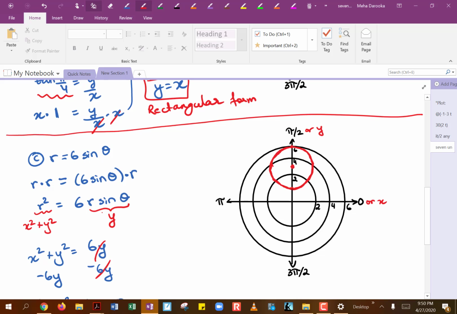So this is actually what the graph of r equals 6 sine theta is also going to come out looking like. But yeah, it can be hard to identify what that graph ends up looking like when you just look at that equation. So again, this was our center at 0, 3, and this had a radius of 3 units.